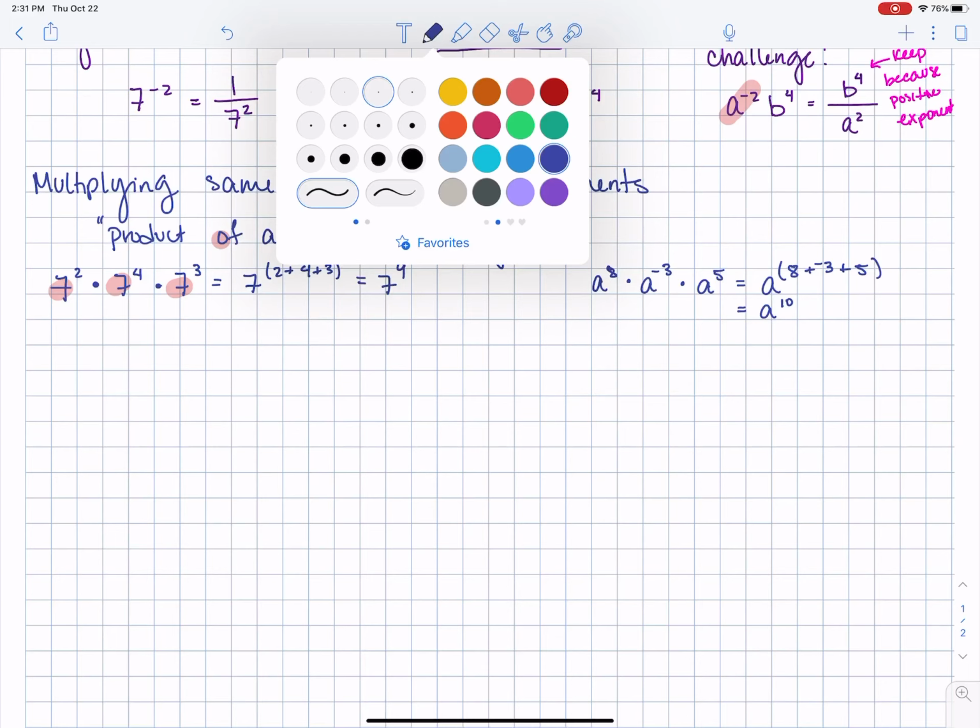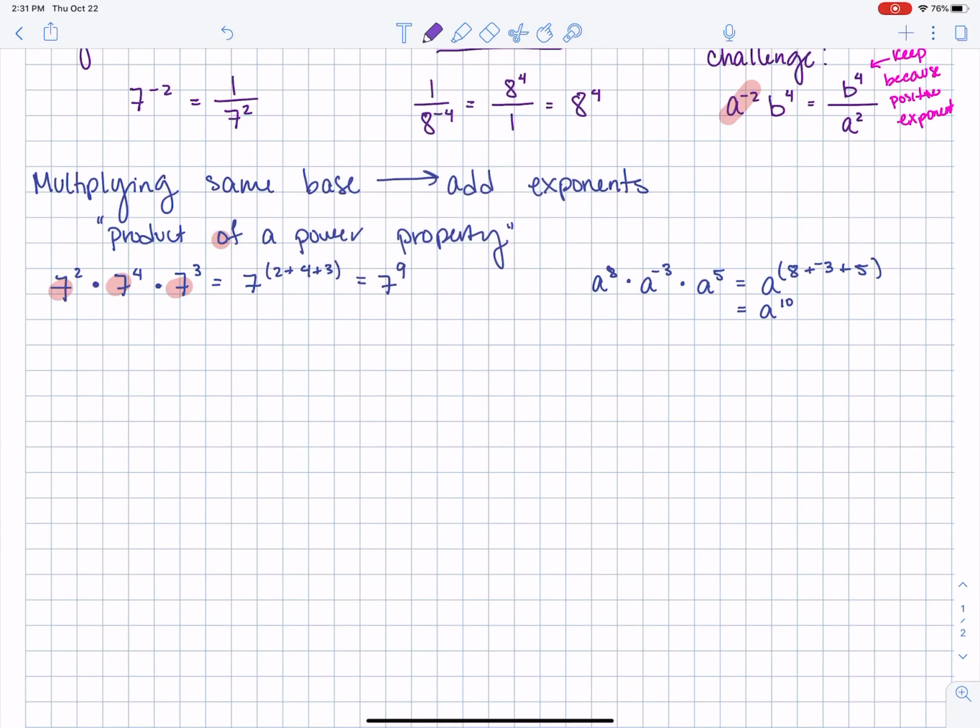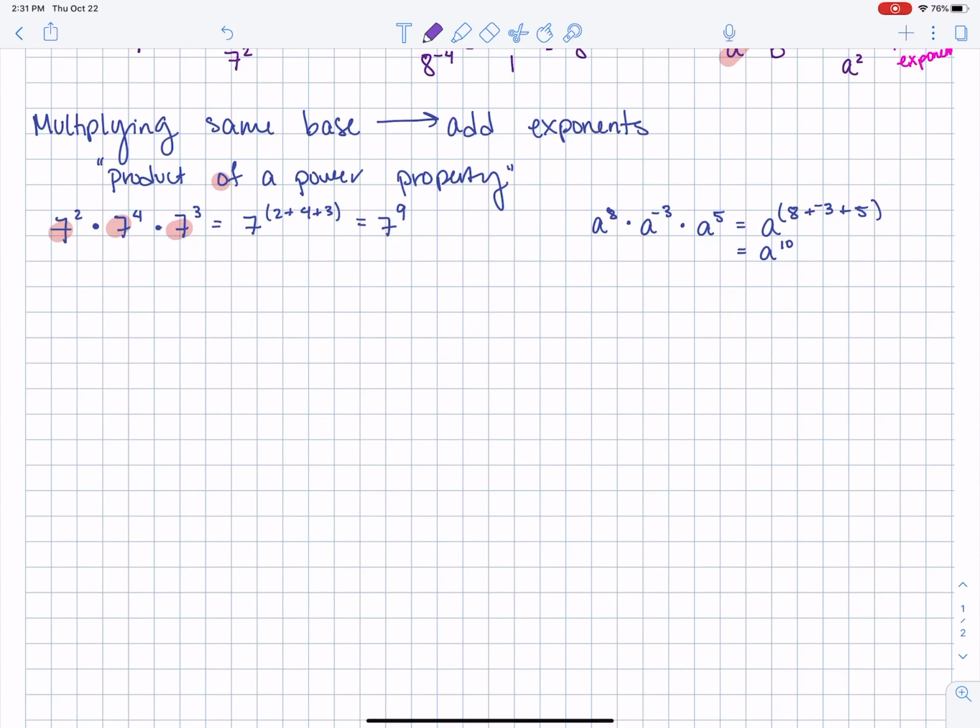We had kind of the same thing, but now we're dividing. So dividing with the same base, but instead of adding your exponents, you now subtract exponents. Has to be same base though.